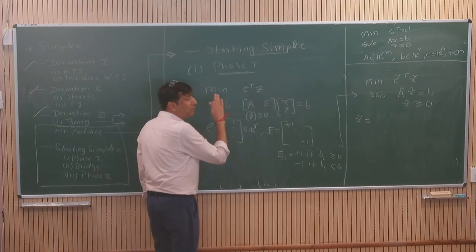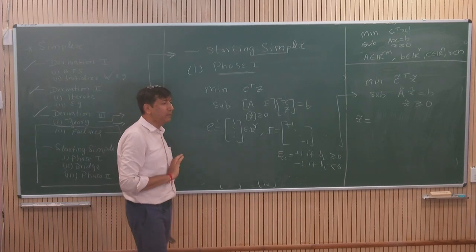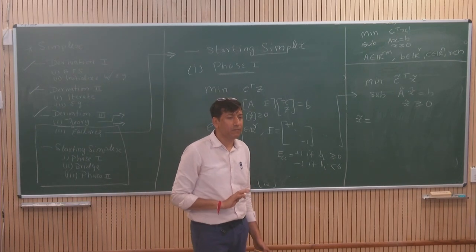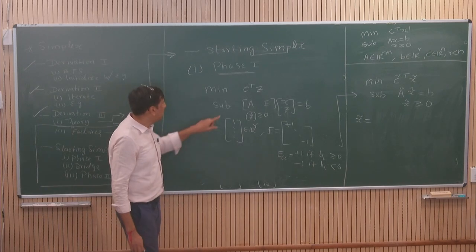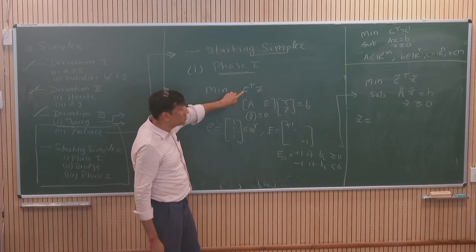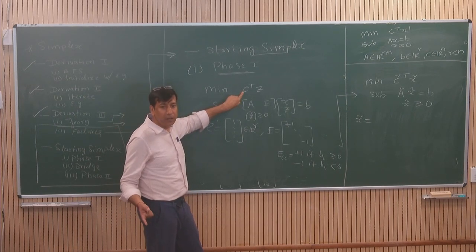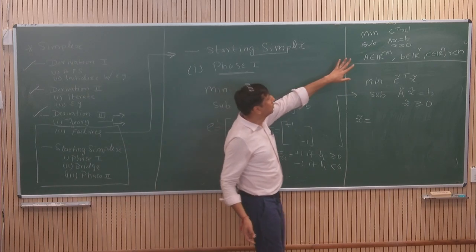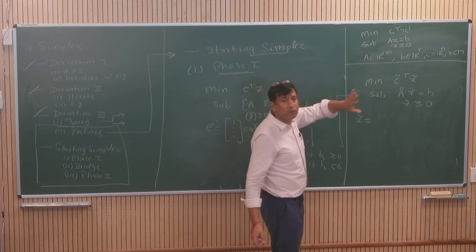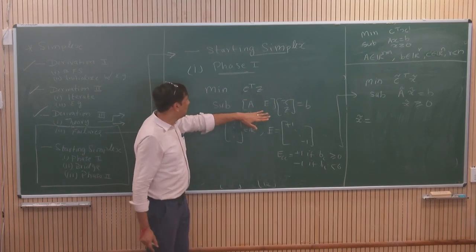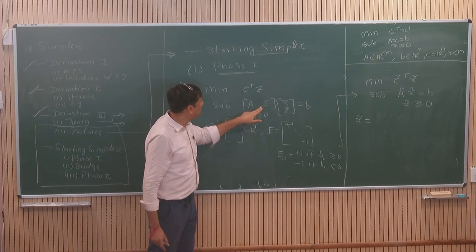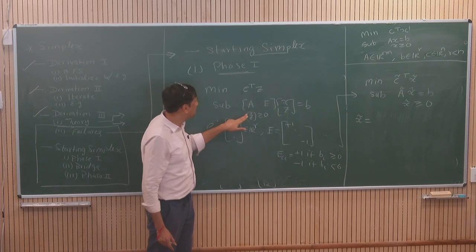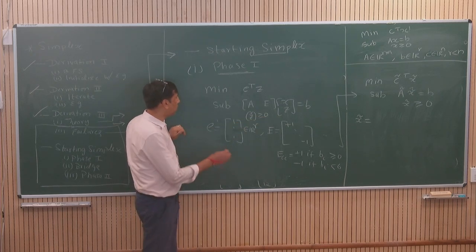This is the LP which we are going to solve in phase 1 by simplex, and I'll tell you how you can figure out the basic feasible point for this LP. This LP is minimizing e transpose z. Z is an augmented variable which we have created; there was no z in the original problem. The constraint earlier was Ax equal to b. We have added Ax plus Ez equal to b, and x and z are greater than or equal to 0. What is small e?